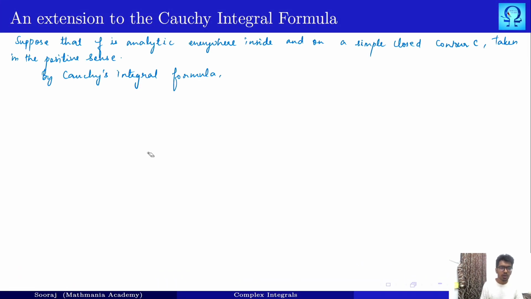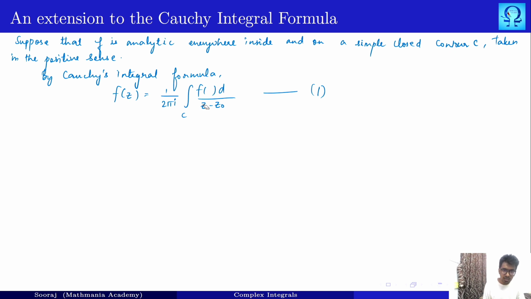So by the Cauchy integral formula, what do we have? We have f of z naught equals 1 upon 2 pi i integral over c f of z dz upon z minus z naught. So we are just going to change the notations inside it. I need it for the general case, that is why I am changing this to z.